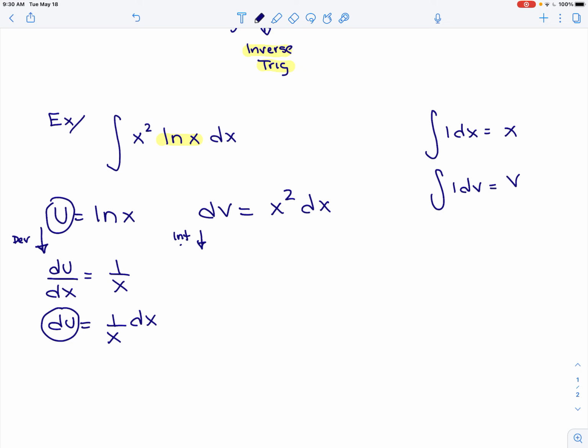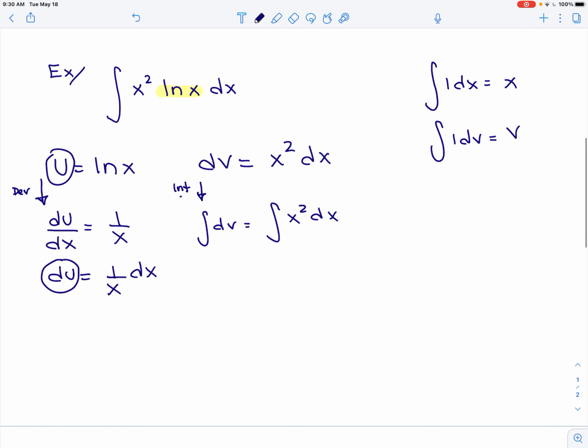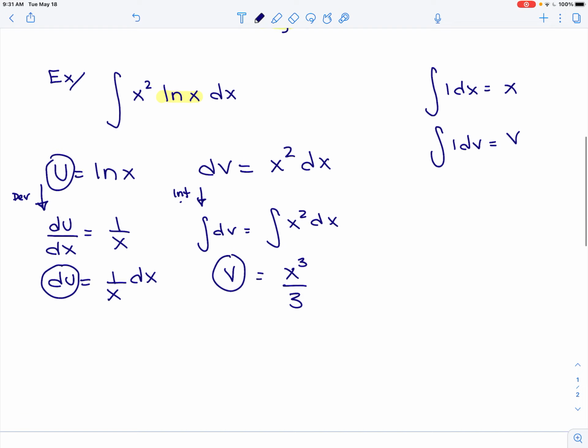So I'm going to integrate dv and integrate x squared dx. I'm just integrating both sides, and that will give me v, which is what I want. The integral of x squared dx is x cubed over 3. And you don't need to put the plus c because when we answer the question, we're going to put a plus c. So let's leave it out in the parts.